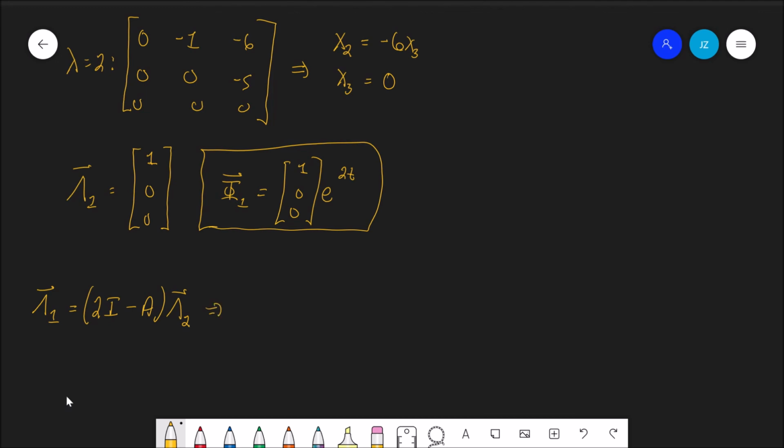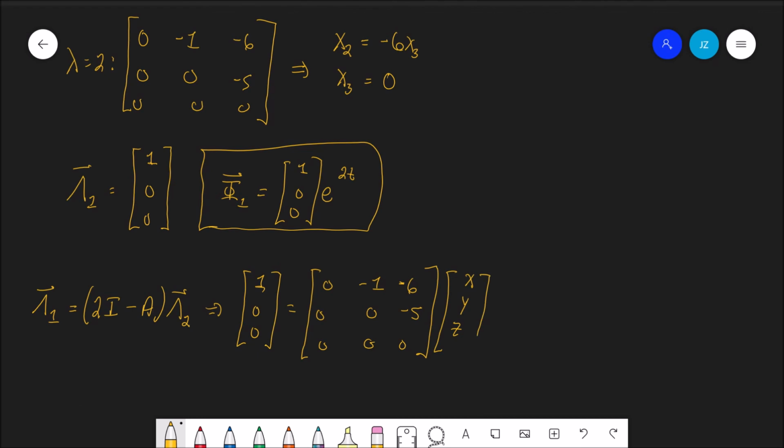All right, so this will give us the system (1, 0, 0) is equal to the 3 by 3 matrix, 0, minus 1, 6, negative 6; 0, 0, negative 5; and 0, 0, 0, times some unknown 3 vector, just call it x, y, z.